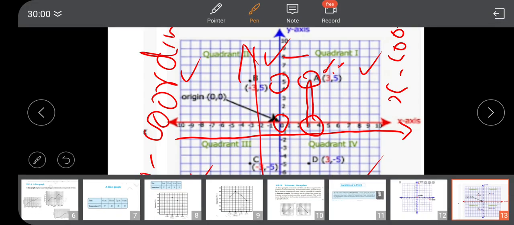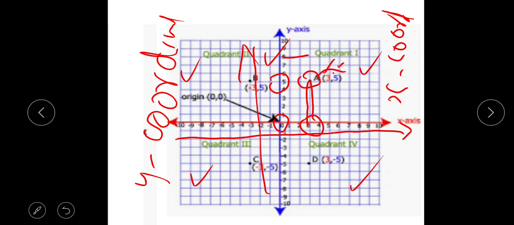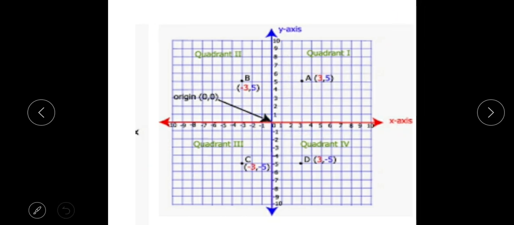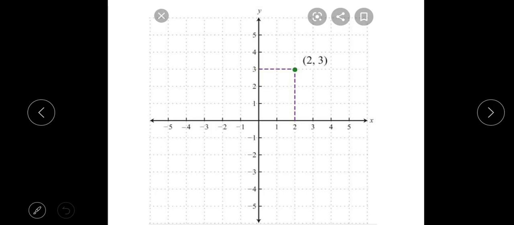Okay. So, how do we mark the x-coordinate and y-coordinate? Look here. If we consider a point here, this green color point, its coordinates are 2, 3. Look at this, 2.